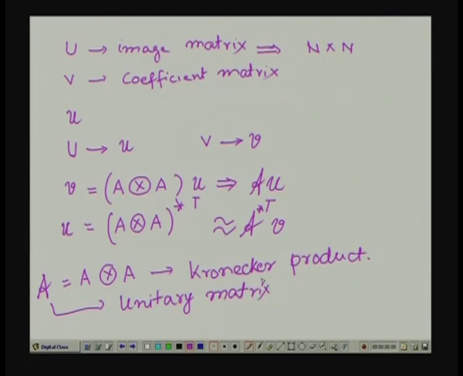So, once we do this, you find that our two dimensional transformation, after doing this row ordering of the input image U and the coefficient matrix V, once they are represented as one dimensional vectors of dimension capital N square, is now represented in the form of a one dimensional transformation.